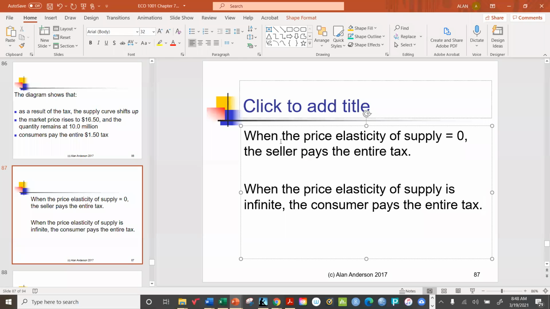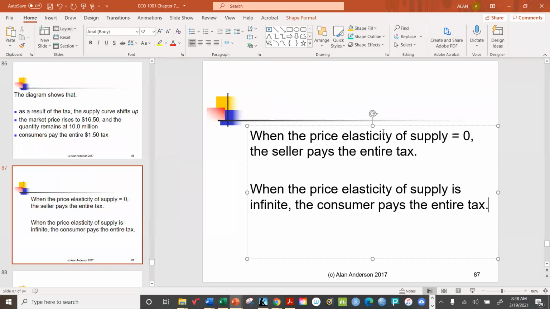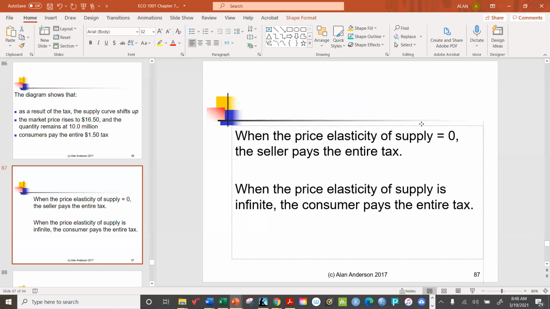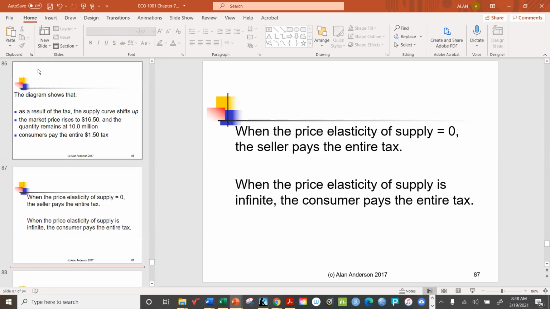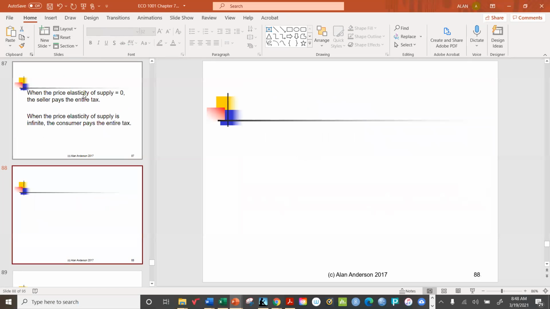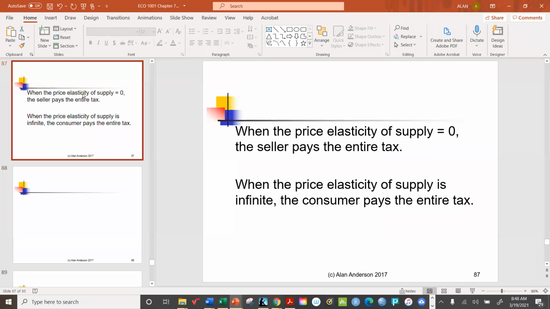All right. So then in the real world, of course, you're very, very rarely going to see such extreme cases. So basically what we can do then is just note that in general, the bulk of the tax is paid by whoever has the lower elasticity. That's really the bottom line.